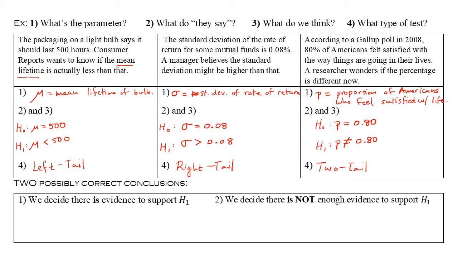So if we decide there is evidence to support H1, then that'll be correct in the case when H0 is not true. And when we decide there is not enough evidence to support H1, that'll be correct when H0 is true, when the null hypothesis is true.